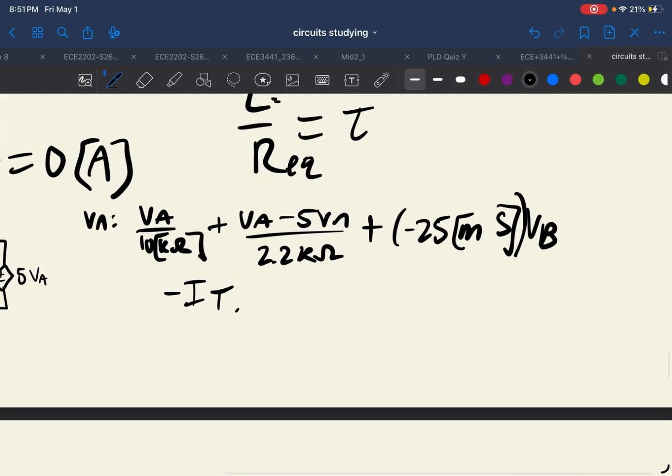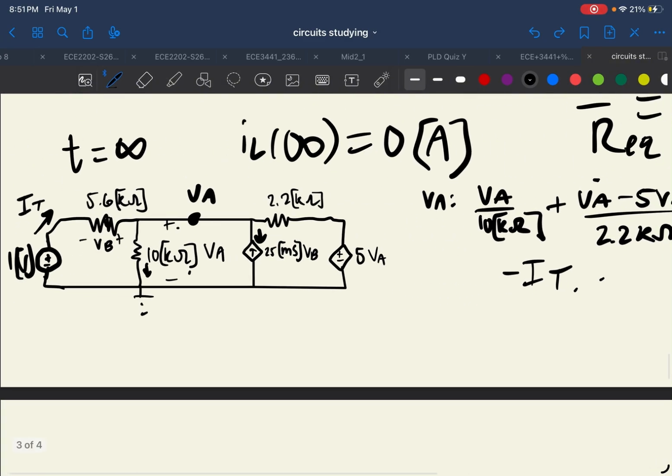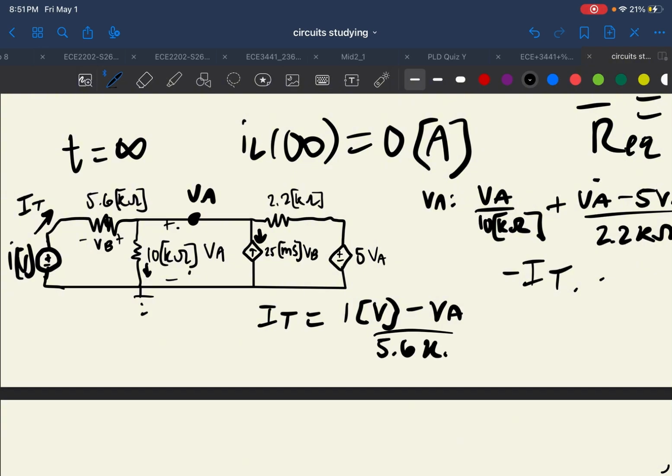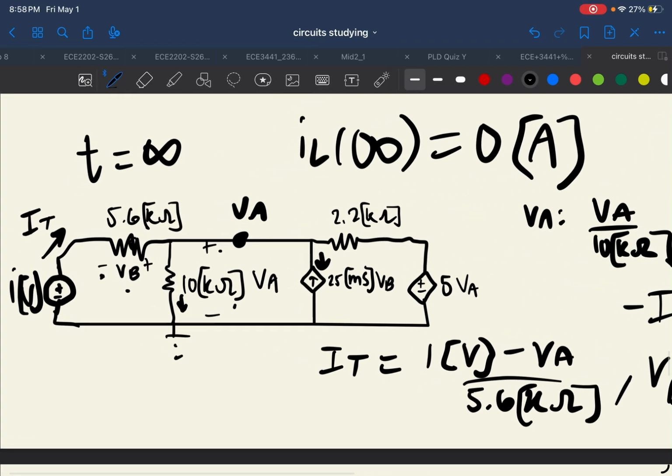Now we need two more equations because we have three variables in this equation. So we can get IT pretty simply. 1 volt here, and VA is defined here. So IT will be 1 volt minus VA over that resistor, 5.6 kilo ohms. And the last variable we need is VB, right? And we can solve this very similarly.